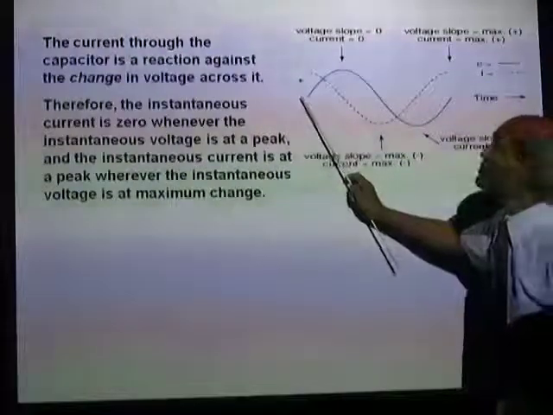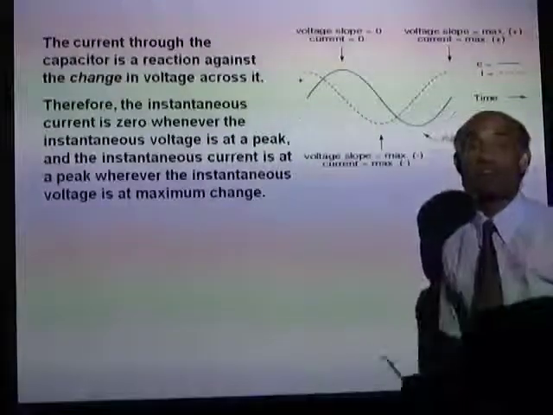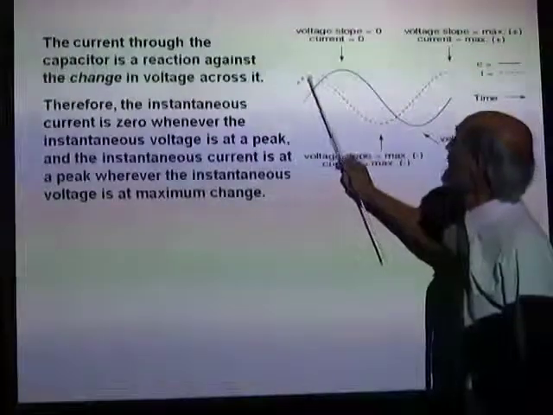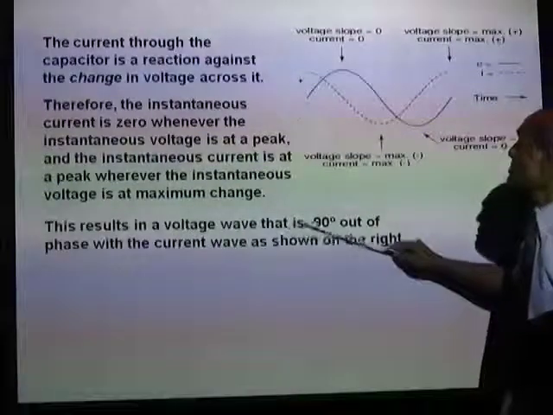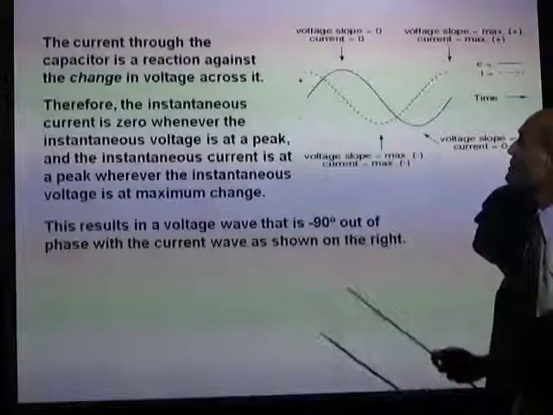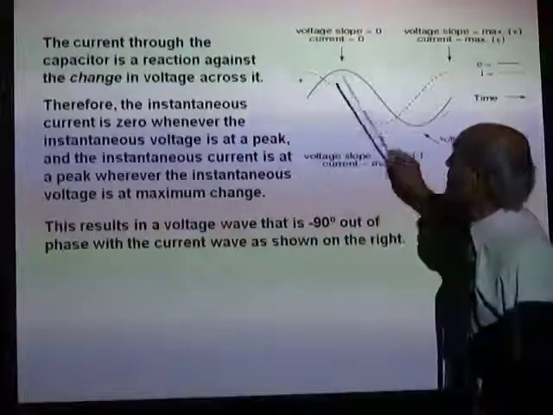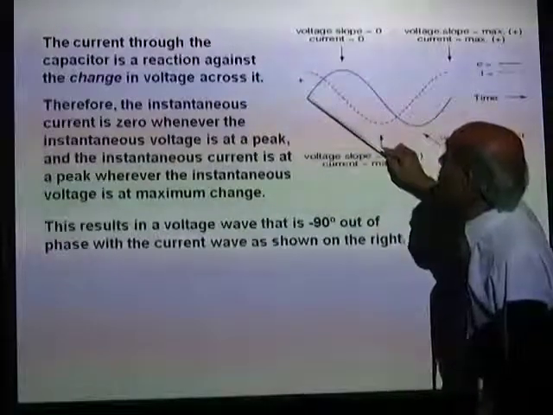So you must now understand this. Now see how a phase difference comes about between voltage and current. Now this results in a voltage wave that is minus 90 degrees out of phase with the current. You can see when the current is a maximum, the voltage is zero.